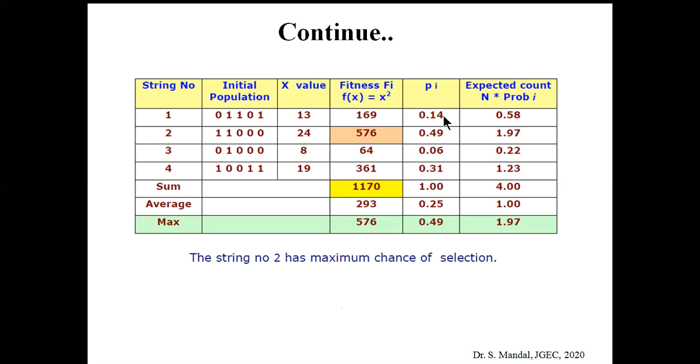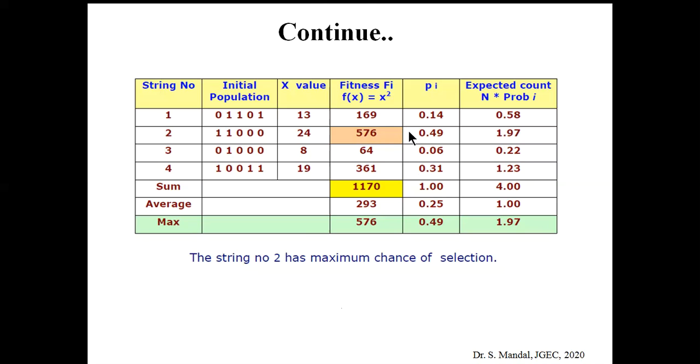Among these probabilities, it is very clear that the chance of selection of the second solution is highest. Next one is the expected count, that is n multiplied by pi. So if we multiply 4 with 0.14, we get this value.